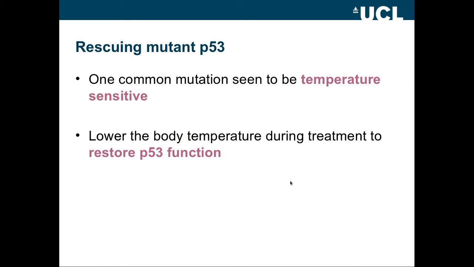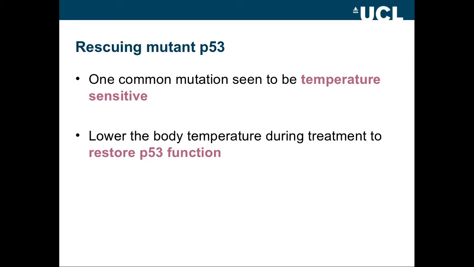Now, we know this is clearly the case in P53 because one common mutation is seen to be temperature sensitive. And there have even been some experiments done where the body temperature has been lowered during treatment in order to restore P53 function.